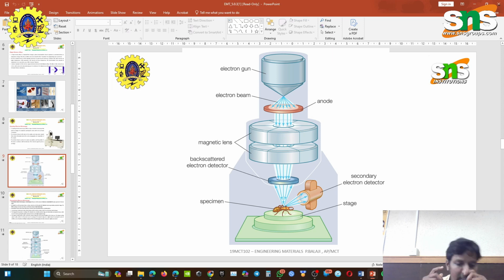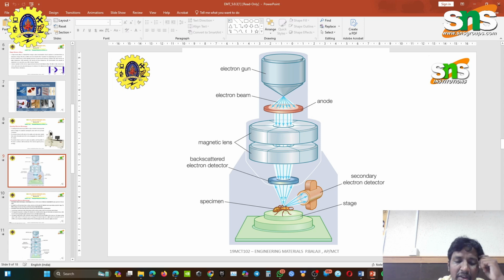Basically, the scanning electron microscope is a highly versatile technique used to obtain high resolution images and detailed surface information about samples. It uses a focused beam of electrons to scan the surface of a specimen to generate images at a much greater resolution compared to optical microscopes. It may give a resolution from the nanometer level to several nanometers.